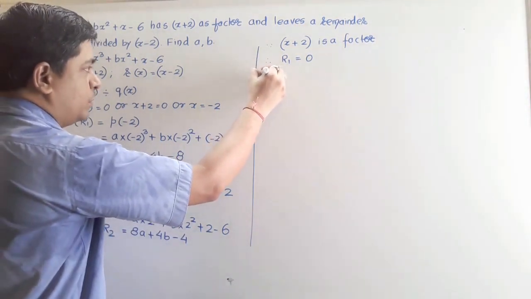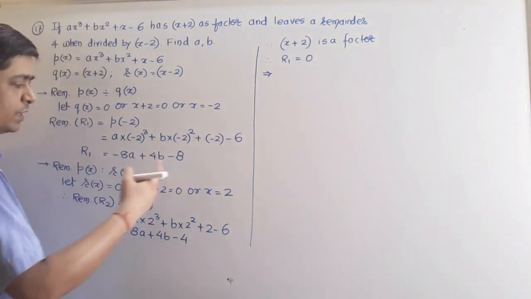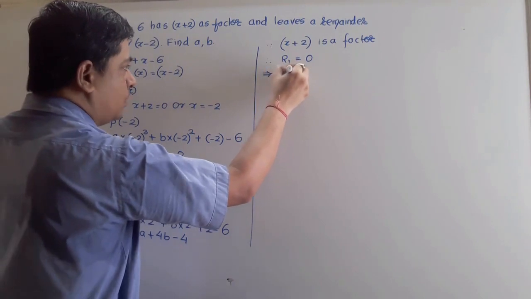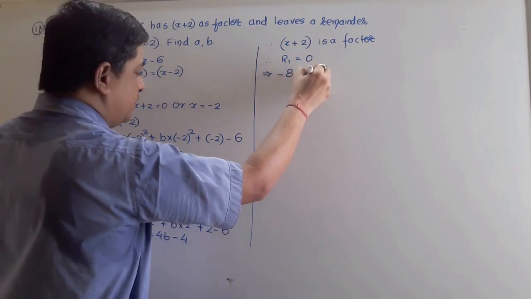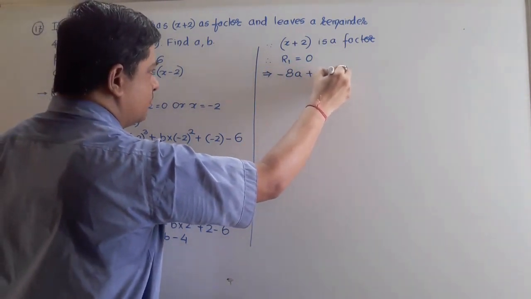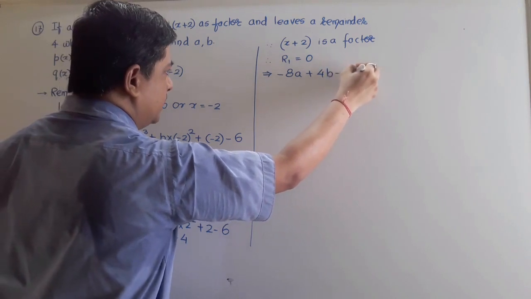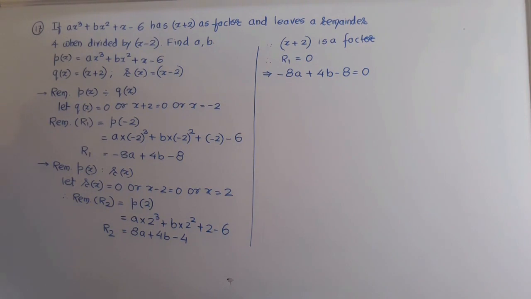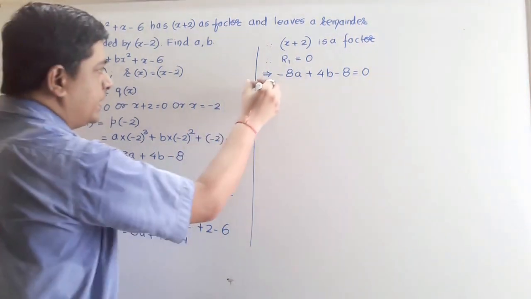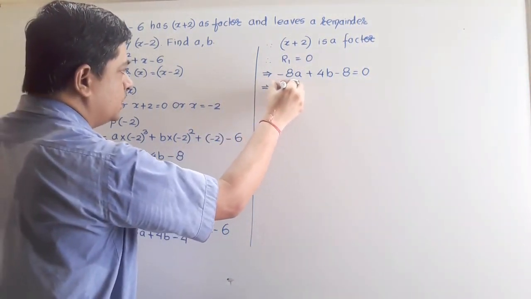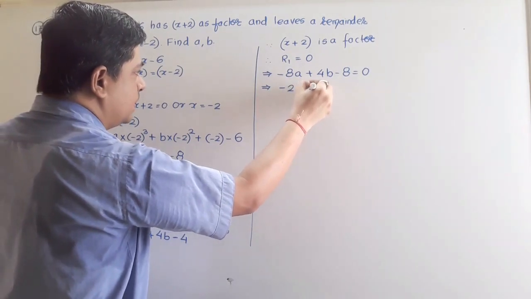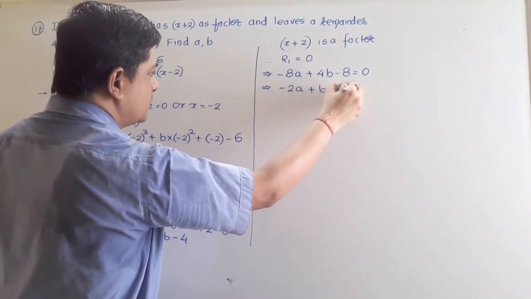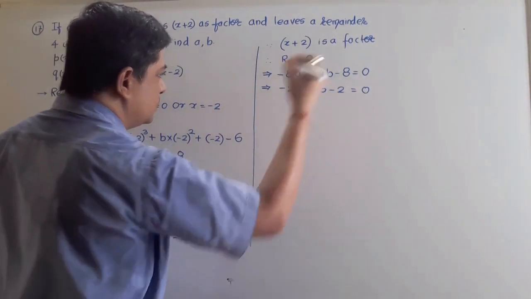Now if I put up the value of R1, what I have, minus of 8a plus 4b minus 8 will be equal to 0. Right, the whole equation I am dividing by 4. So when I am dividing the whole equation by 4, this will remain minus of 2a plus b, and then minus of 2 will be equal to 0.